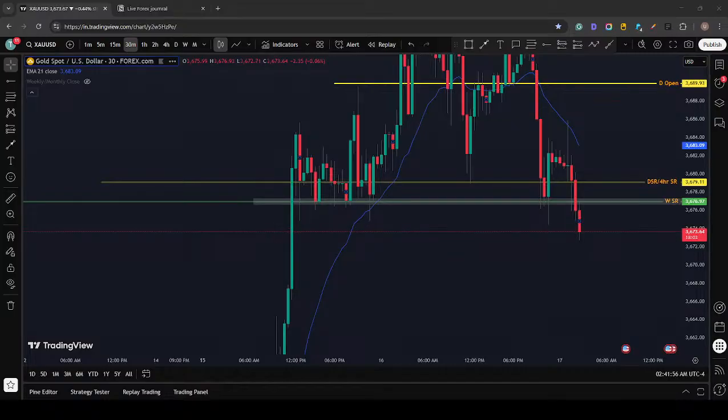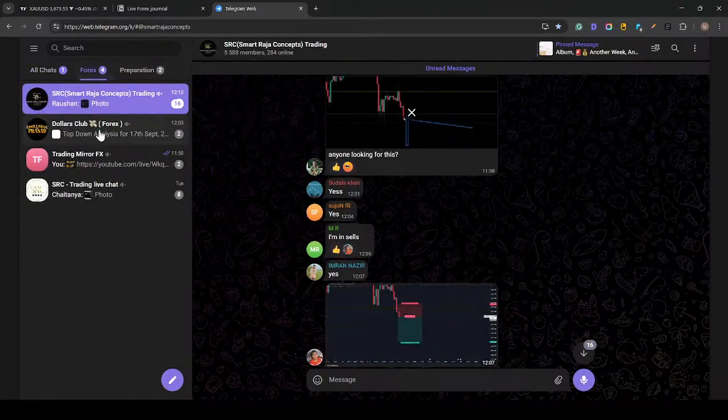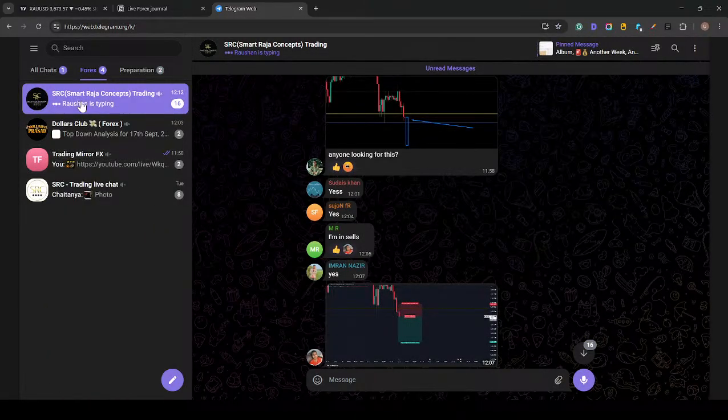What is the monthly probability of SRC? Man, this is very high. There is very high probability in your setups, but I can't promise or give you an exact number. You can look at how much profit people make in the group, man. Chaitanya's group, right? Sorry, this is Mind Trading Mirror FX.